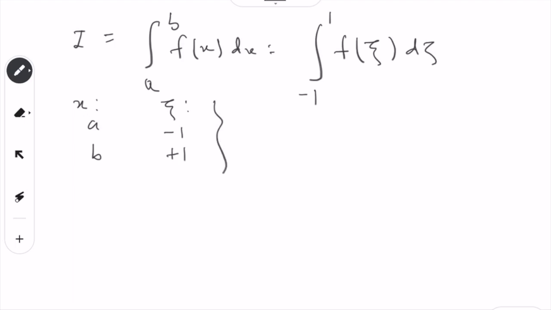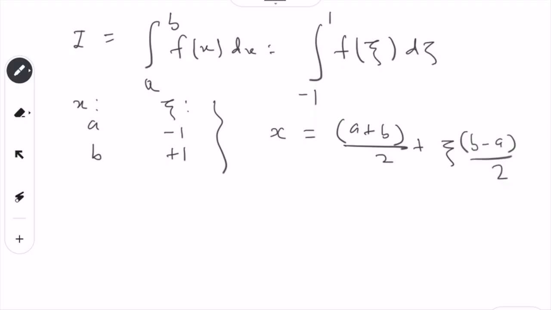So x can be expressed in terms of xi: x equals (a plus b) over 2, plus xi multiplied by (b minus a) divided by 2, and we can check it, right?